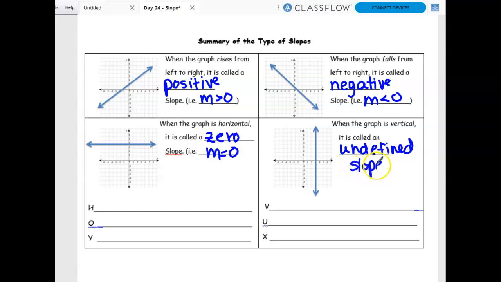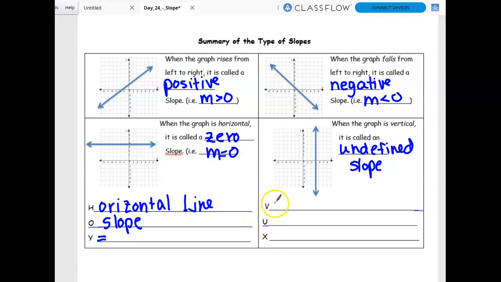So we have a silly little acronym that will help you remember the difference between a horizontal graph and a vertical graph, and it's called HOY-VUX. The H in HOY stands for a horizontal line, and that horizontal line has a 0 slope, and eventually you're going to learn the equation of that line starts with y equals.